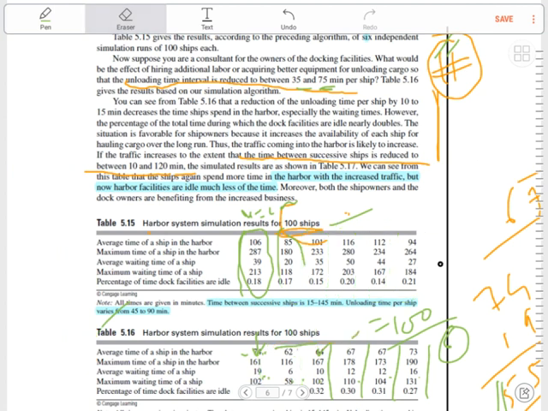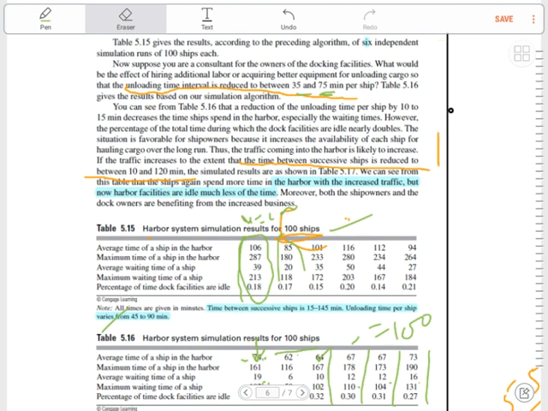Suppose ship 1 is taking, initially, before we run the modified algorithm, if we run the simple algorithm, then suppose ship 1 was taking t equals 50 minutes only.